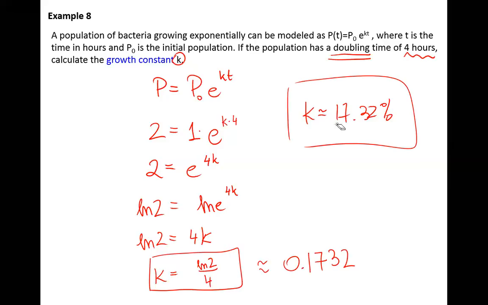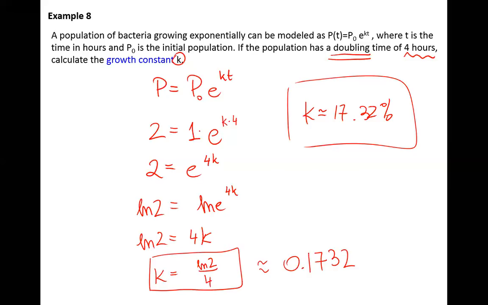Quite big. I'm just testing this for you, showing how to solve the equation if the unknown is placed in the exponent. I think you understand this.